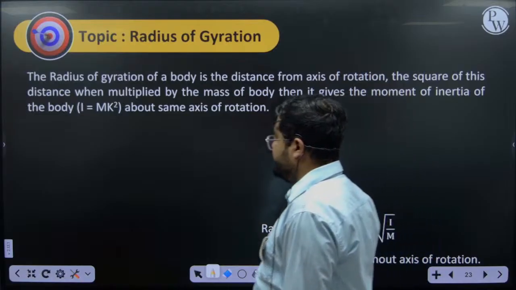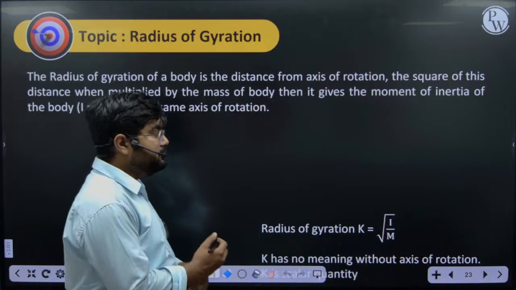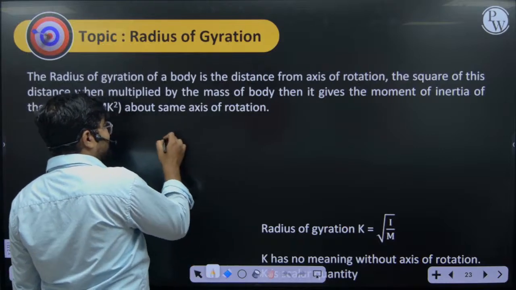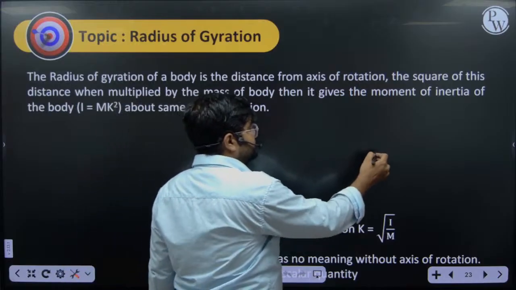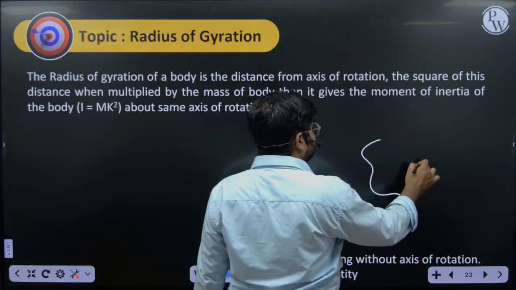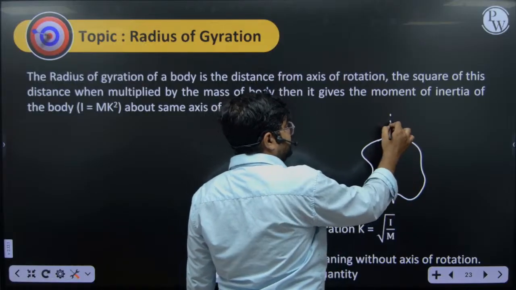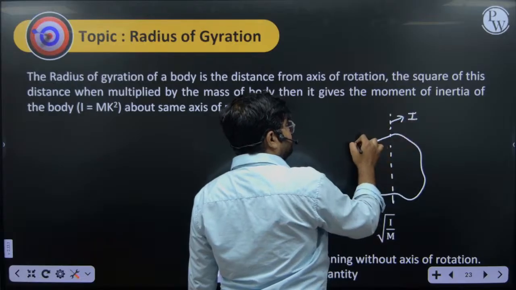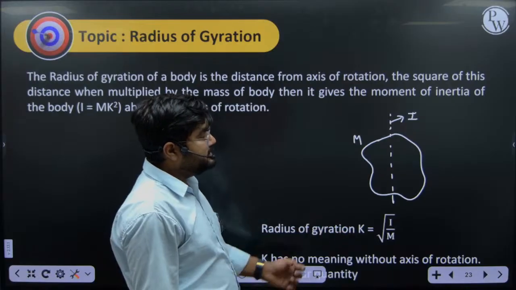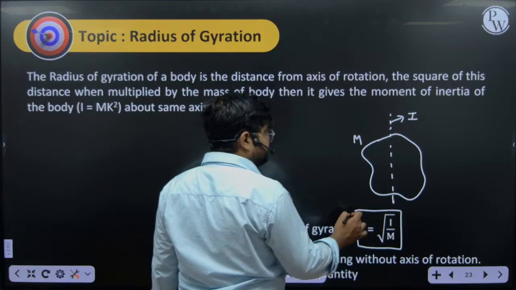Next topic we have is radius of gyration. Very small topic, but frequently they are asking us questions on this. So suppose anybody has moment of inertia about any axis as I, its mass is m, then the radius of gyration is defined like this: root I by m.